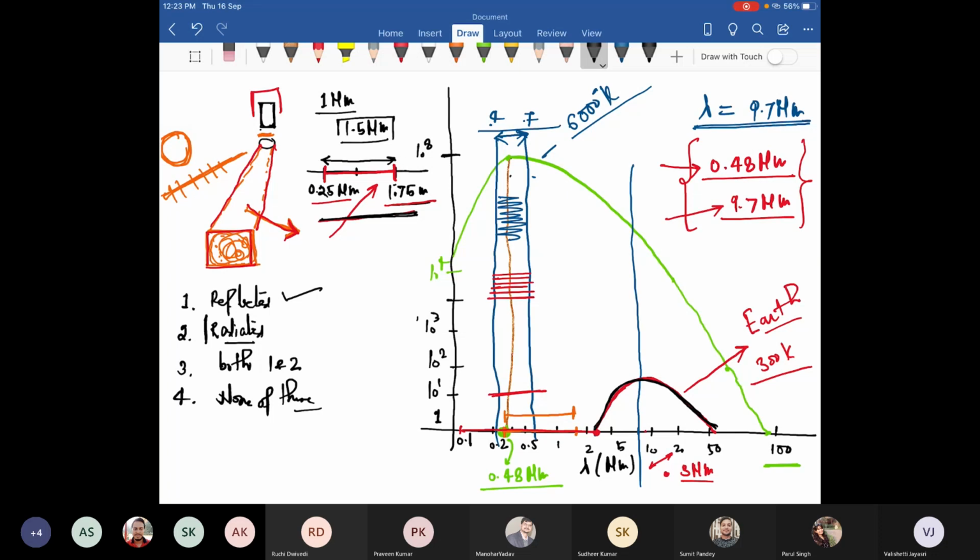Now, to rule out whether we have a radiated component, you just need to see whether Earth radiates energy in this wavelength range. In this range of wavelength, Earth doesn't radiate. There is a 3 micrometer dividing line, as we discussed earlier.